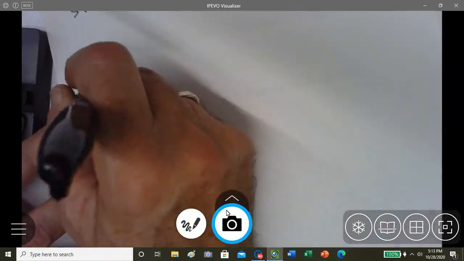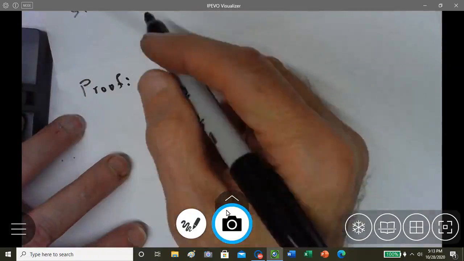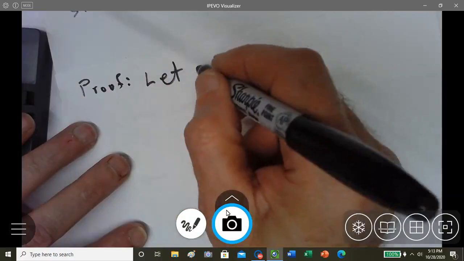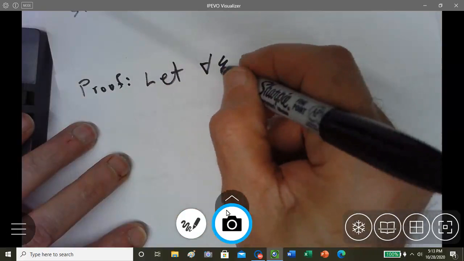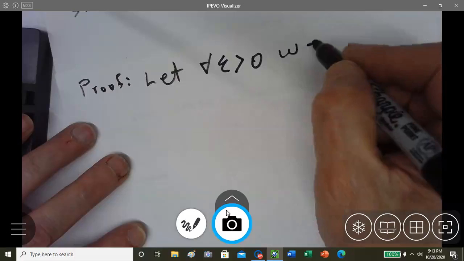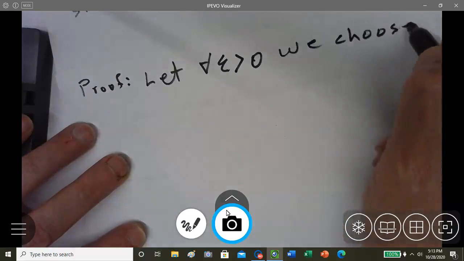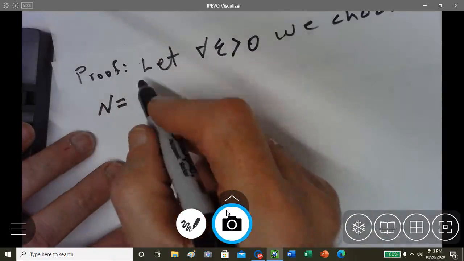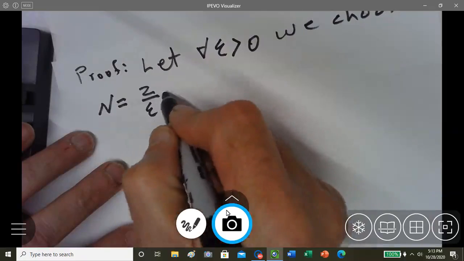And so we would state here in our proof, we can say that we let epsilon be greater than 0, and we choose the boundary N equal to 2 over epsilon minus 1.